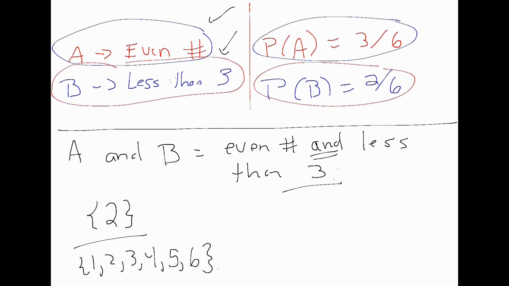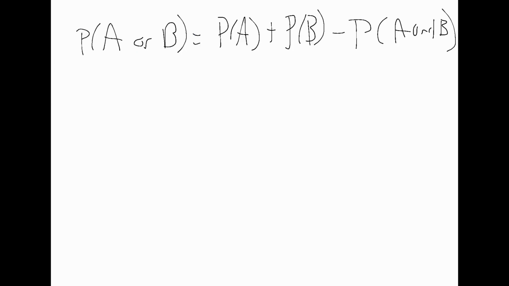So the probability of A and B is equal to 1 out of 6. This is my event space. I only have one outcome in my event, and that's throwing a 2, and of course I have my original 6 outcomes. So the probability of A and B is 1 over 6.